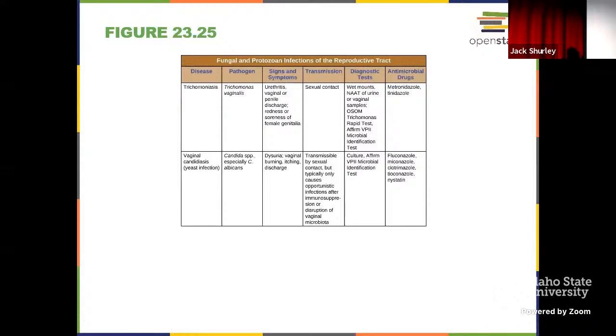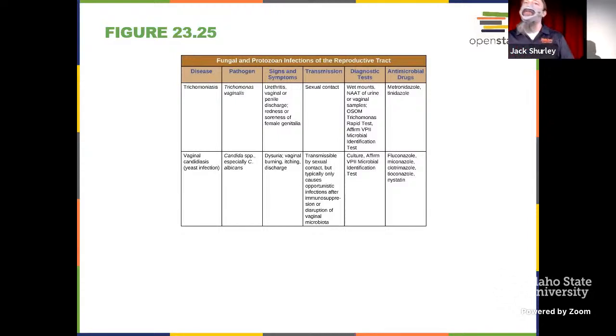We have definite evidence of issues with this and have some hints about numbers, but really with things that are non-reportable, you have to assume that those numbers are considerably greater. Especially thinking about people that are asymptomatic, all right?